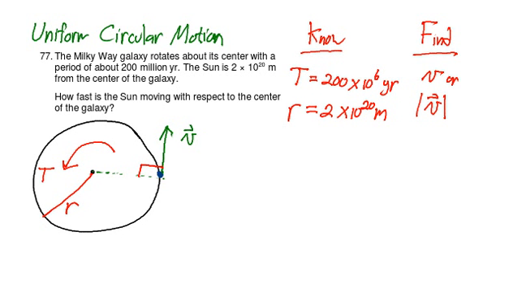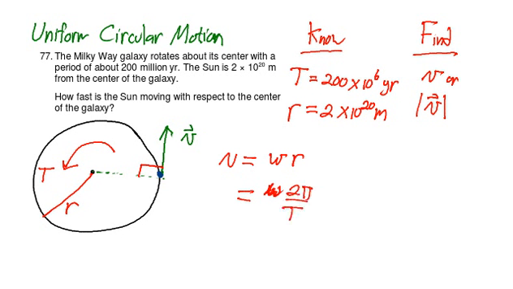Alright, so we need to go onto our formula sheet and find the appropriate equations for the kinematics of uniform circular motion. And so basically we would want to start with the equation that the linear velocity v is equal to the angular velocity omega multiplied by the radius r, and we can write the angular velocity in terms of the period because it would be equal to 2 pi divided by the period.